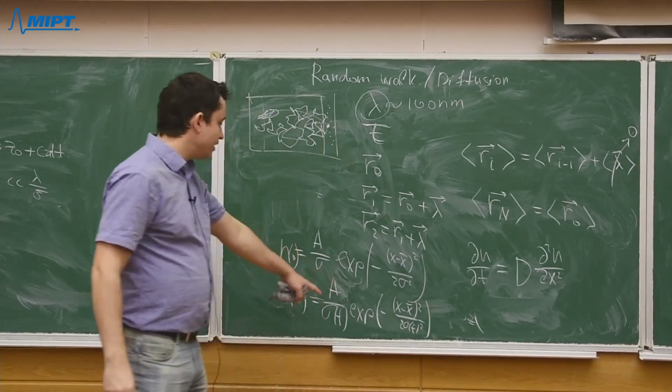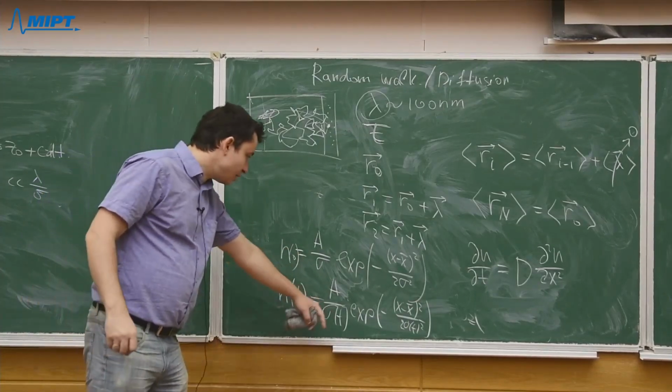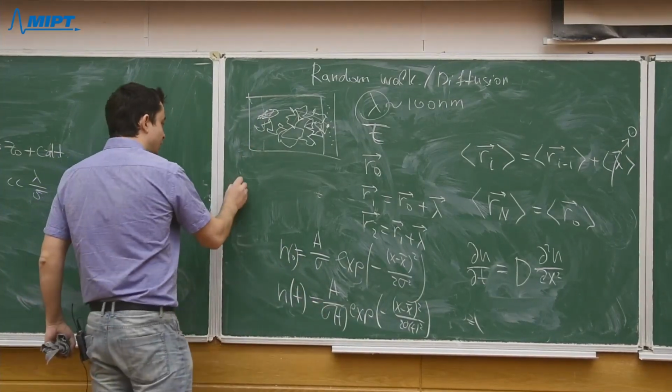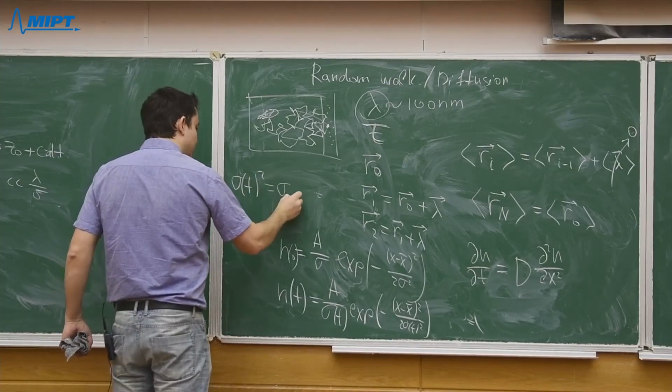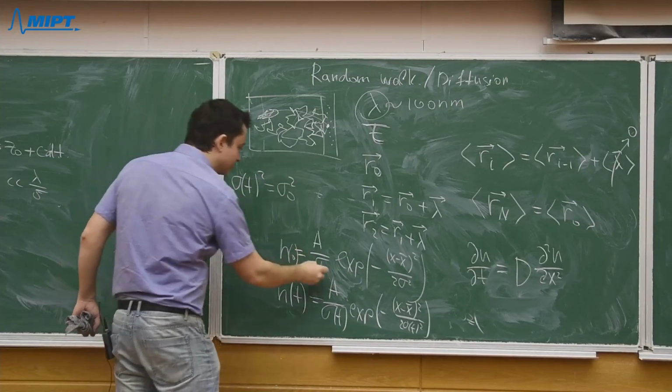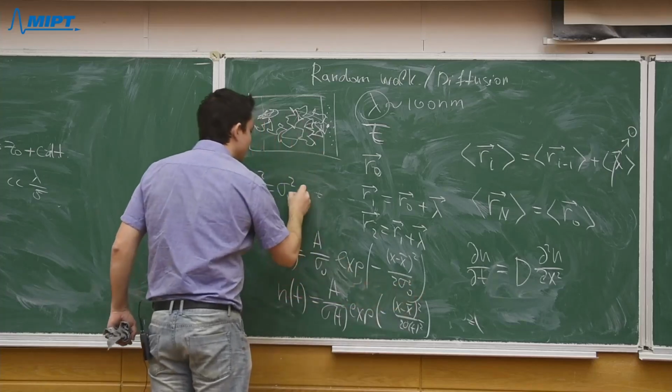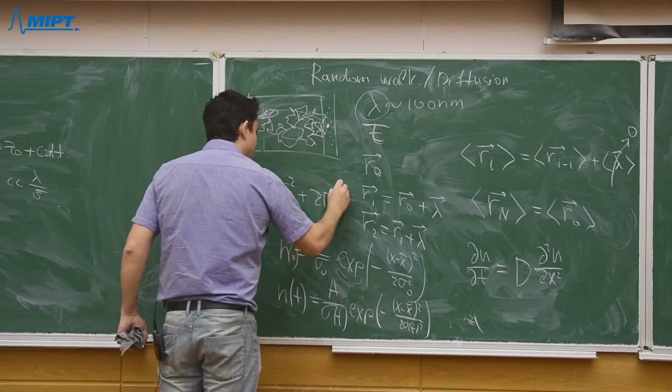In here, sigma of t squared will be equal to sigma 0 squared, so let's say this is sigma 0 squared plus 2 times D times t.